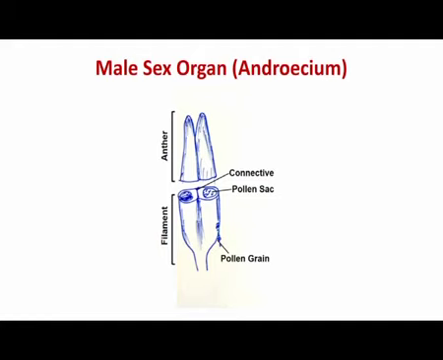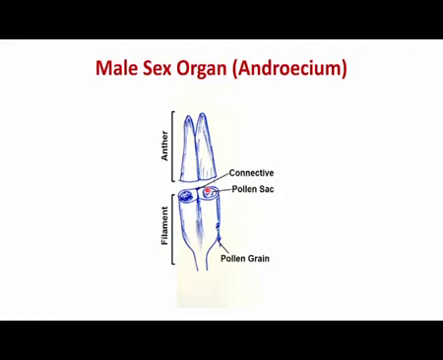Each stamen consists of a cylindrical or thread like filament and a broad terminal bilobed anther. Each lobe of an anther has 2 pollen sacs.